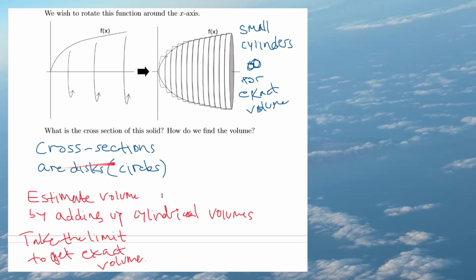If we make a cross section, it's a 2D disc, but we get many cylinders, and we need to have, as usual, infinitely many of these for it to be exact, because otherwise we get some slight over or underestimations.